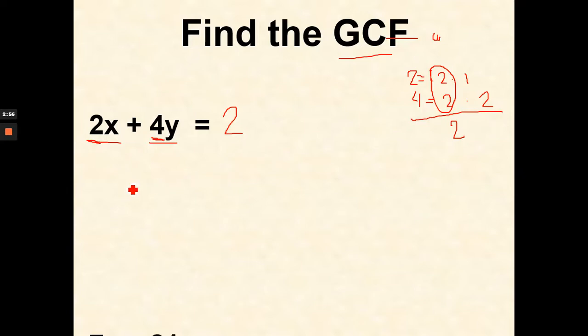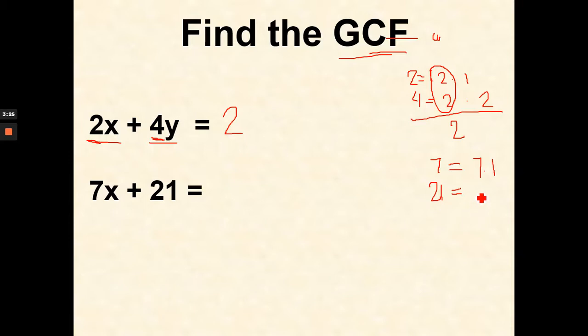Okay? The next one, we have here 7x and 21. Doing the same thing, we're going to write 7 and then 21. This is the easiest way for you to find the common factor of the coefficients. The factors of 7 are 7 times 1.